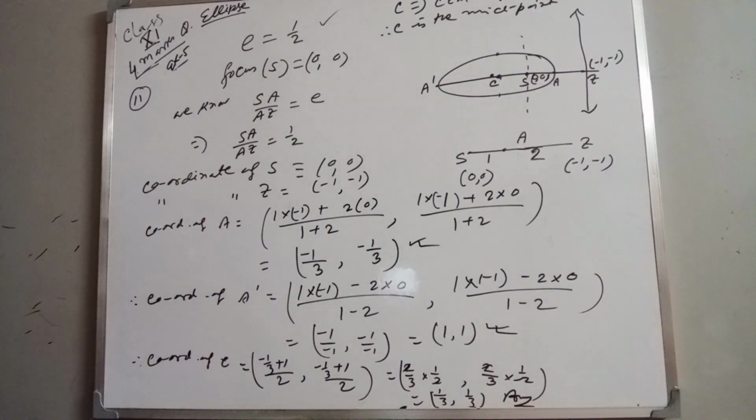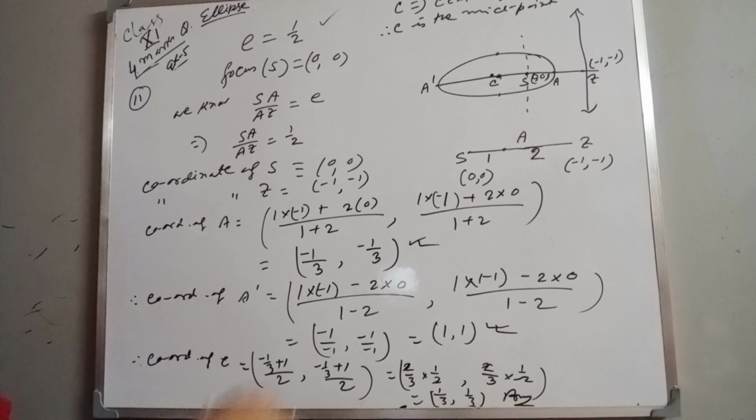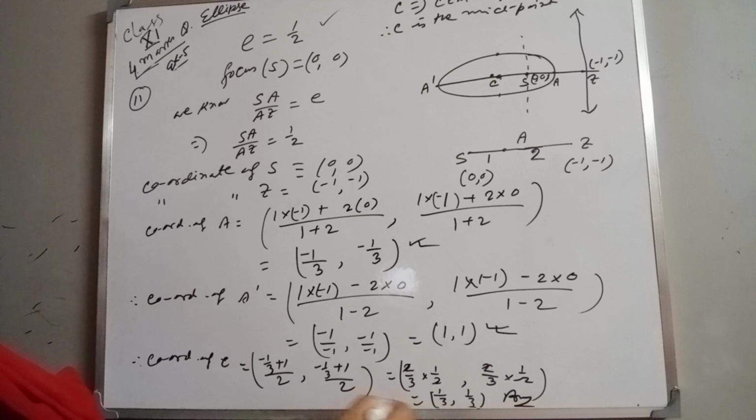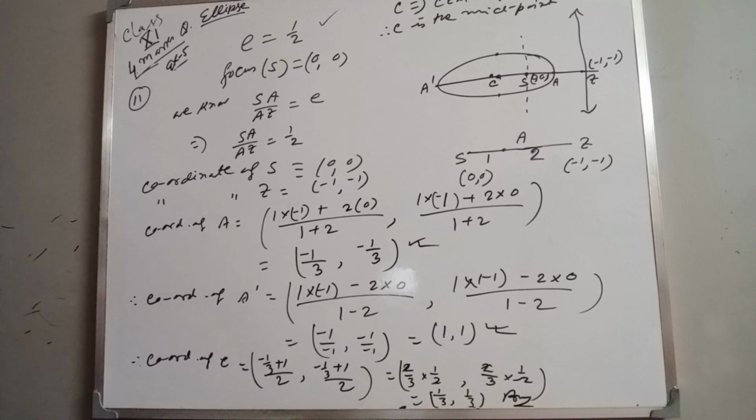Since C is the midpoint, and we know the coordinates of A and A dash, the coordinate of C will be (x1 plus x2) by 2, (y1 plus y2) by 2. So it is -1/3 plus 1 by 2, -1/3 plus 1 by 2, which is coming 1/3 comma 1/3. This is the answer.